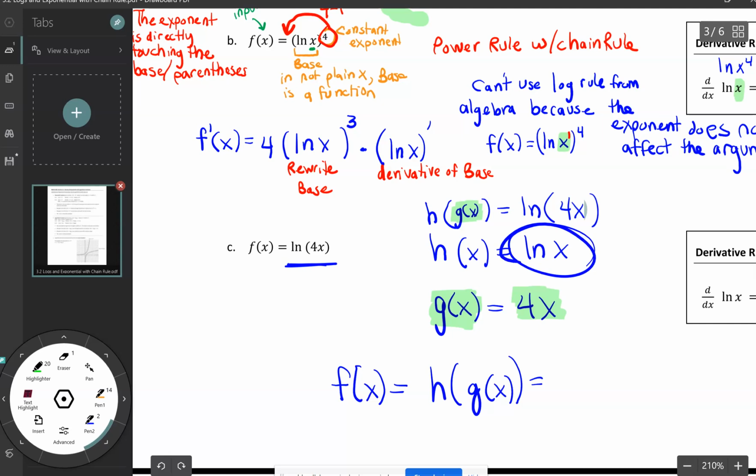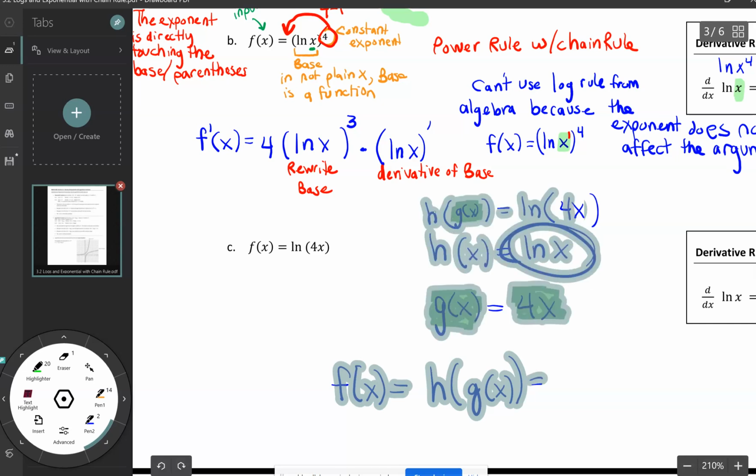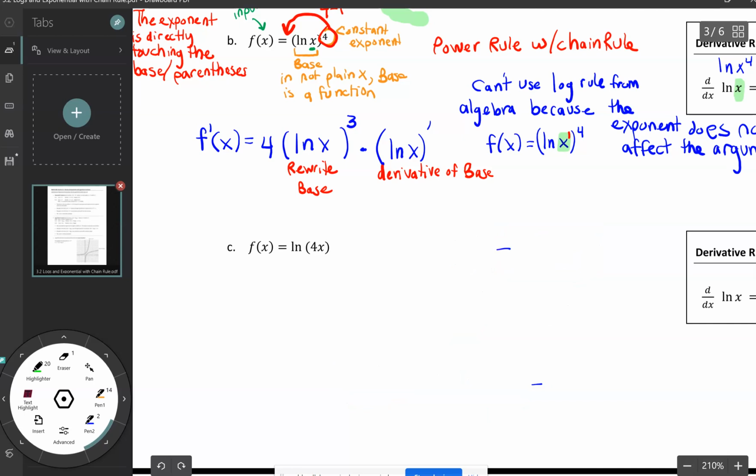I replaced the generic x for the argument of the parent function with something more complicated. That's how I know I need to use chain rule. So let's do this. This is going to be the log rule, but with a chain rule. There's no algebra you can do to clean this up, no exponent on the base or anything. We're just going to have to do our ln rule with chain rule.